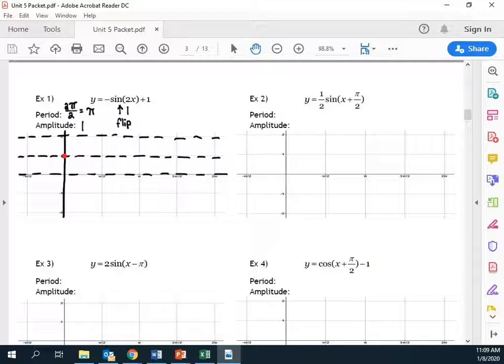Which means it's going to stop where, guys? In the middle as well. Now let me ask you the question. What's the distance it takes to do that? Very good. So that means I'm going to go out to pi and put another dot that represents where I stop. You put your start. You use your period to figure out where you stop.